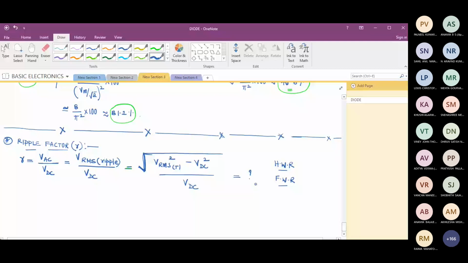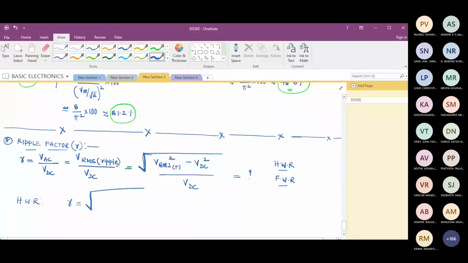In case of HWR, half wave rectifier, the ripple factor will be 1.21.